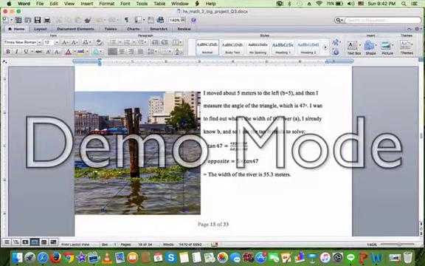So first I stand right opposite of the tree, and then I move about 5 meters to the left. So B equals 5, and then I measure the angle of the triangle, which I get here as 47 degrees. And then I want to find out the width of this river, which is A.